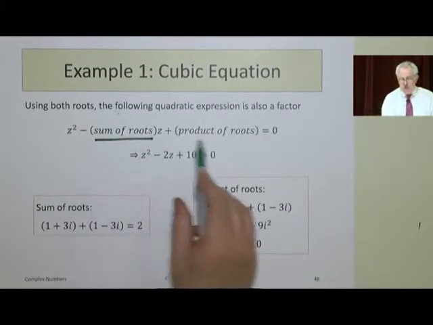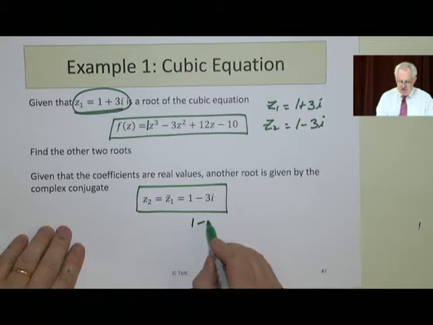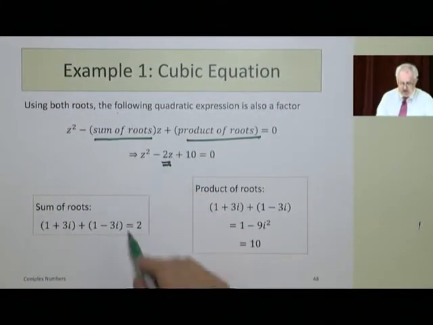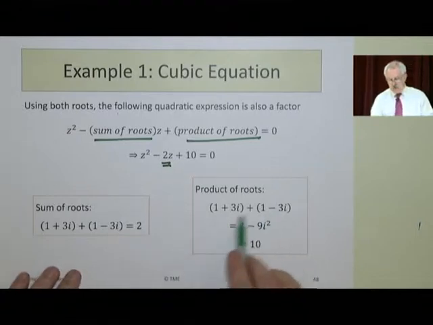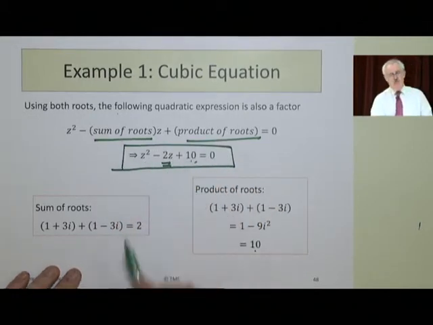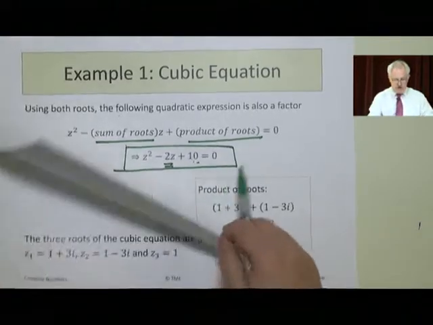You can now get the sum of the roots and the product of the roots. What's the sum of the roots? 1 plus 3i and 1 minus 3i. You can find out what the second coefficient is then. And the third one, the product of the roots, is plus 10. So z squared minus 2z plus 10 is a factor.